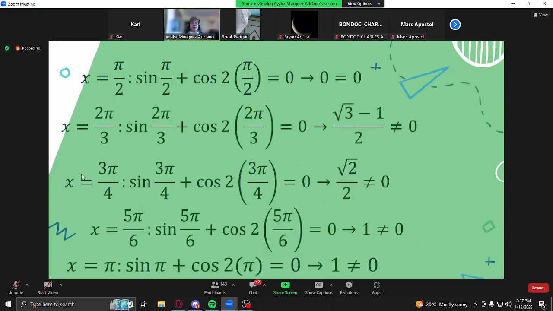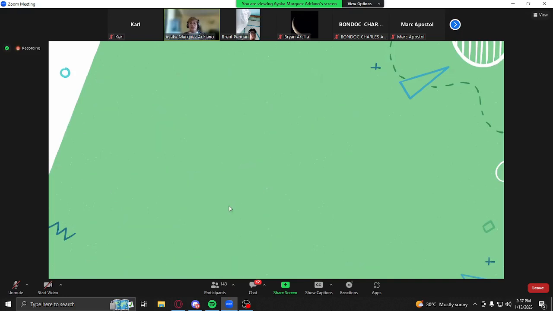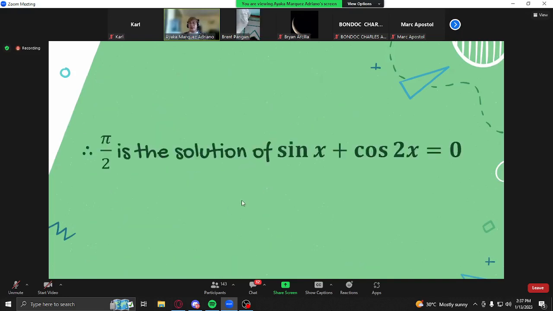It means that 2 pi over 3 radians, 3 pi over 4 radians, 5 pi over 6 radians, and pi radians are not solutions to the given trigonometric equation, but pi over 2 is considered the correct answer.